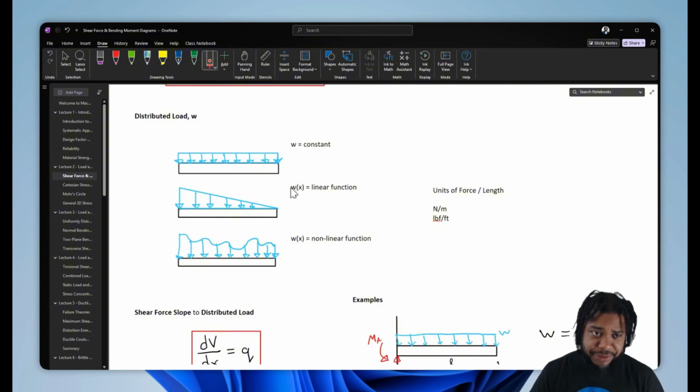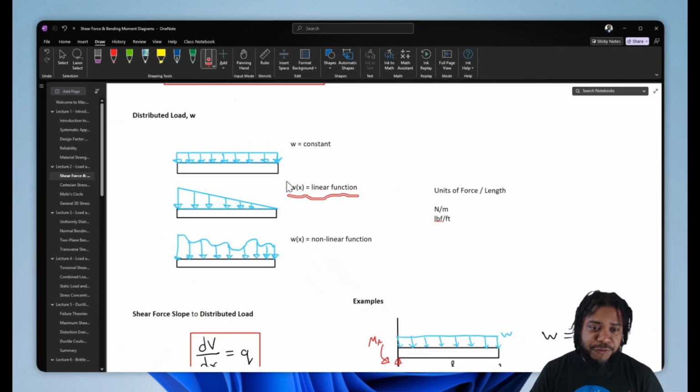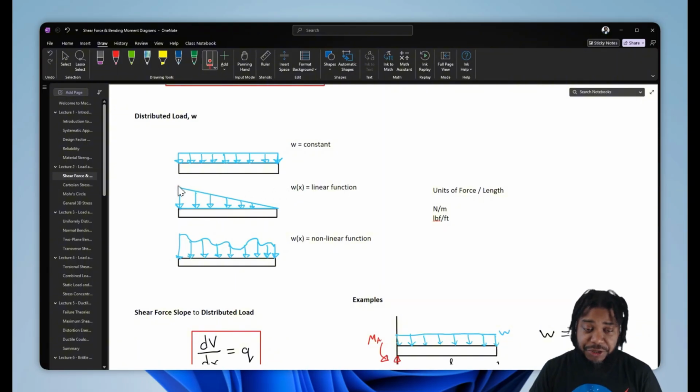A more complicated distributed load is one that is a linear function, where the force has a slope, that either decreases, in the case here, or increases over the length of your geometry, right? So a linear function is like y is equal to mx plus b, a simple equation, right?